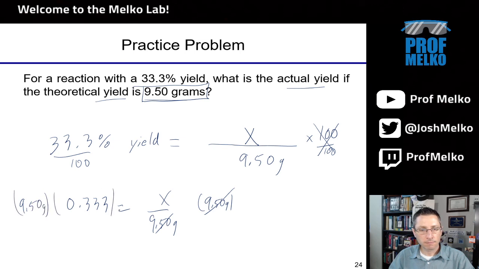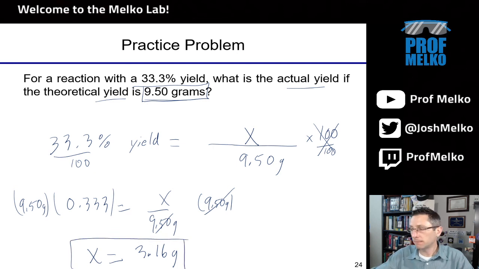And so X here is equal to 9.5 times 0.333, and I should get a number here for X, which is the actual yield, 3.16 grams. Okay, rounding to 3 sig figs as was given in the problem. Okay, so that's one type of problem you could get for percent yield.